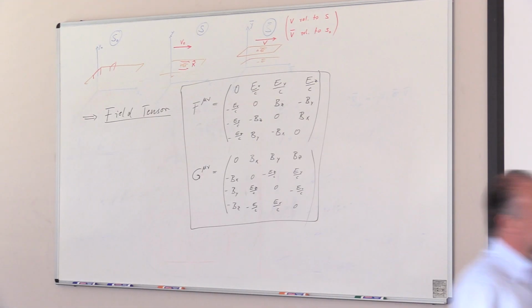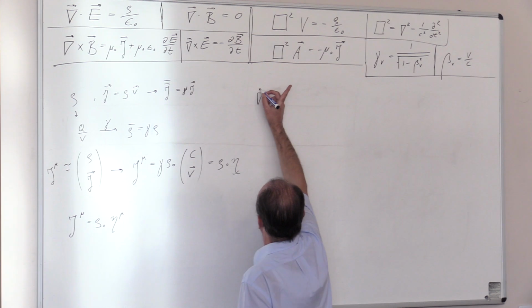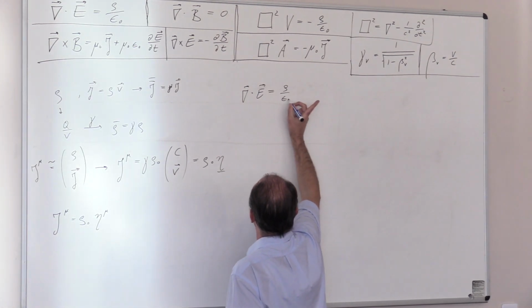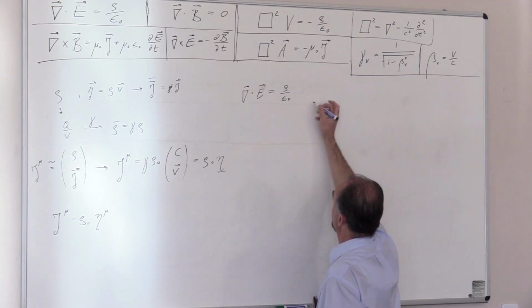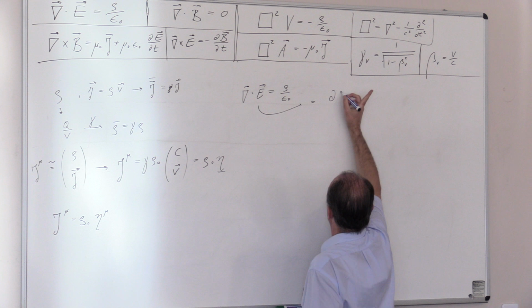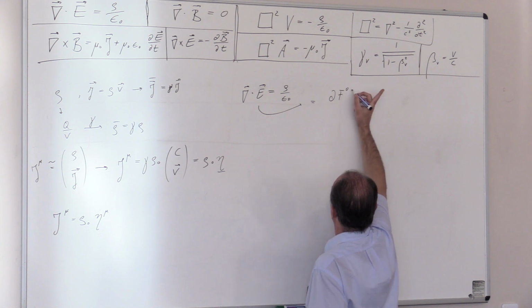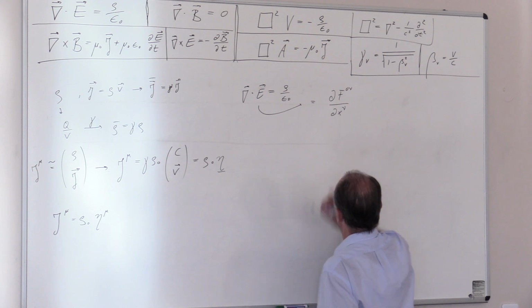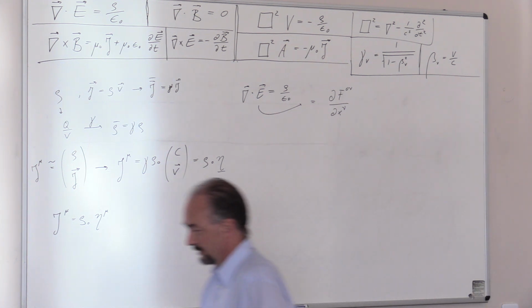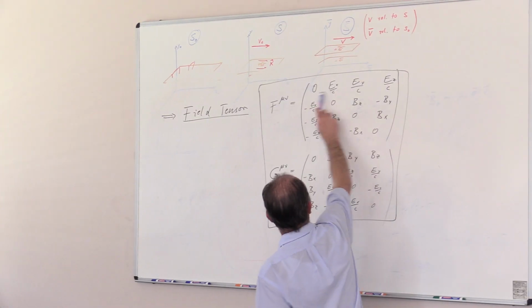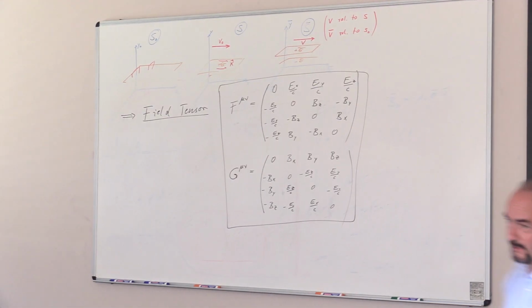It seems to suggest, if we start from divergence E equals rho over epsilon naught, that divergence E, of course, is dF0 mu over dx mu. Right? This is essentially the divergence contracted with this 0 line.